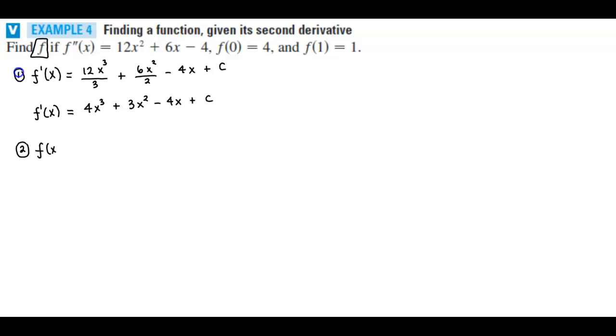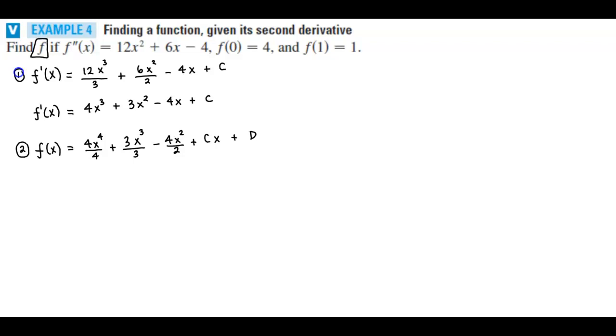So the antiderivative is going to be 4 times x to the 3 plus 1, which is 4, over 4, plus 3 times x to the 2 plus 1, which is 3, over 3, minus 4 times x to the 1 plus 1, which is 2, over 2, plus this is a constant that we don't know, times x, because that's the antiderivative. And then we have another constant because that is the antiderivative of the first derivative.